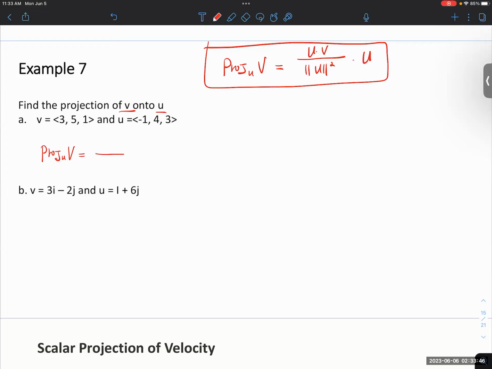So that is going to be multiply UV. So you multiply those two, -3 plus 20 plus 3. And then you have a square, right? So if you remember the magnitude to the second power, so you have U vector, -1 squared, 4 squared, 3 squared, and you have a second power, correct?